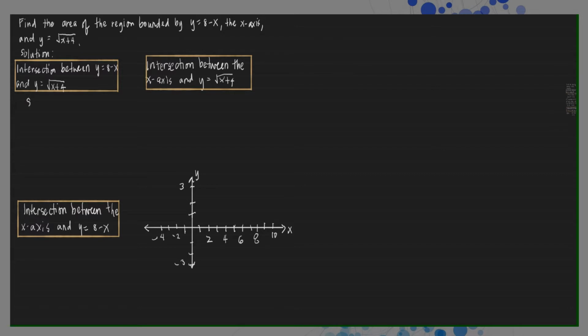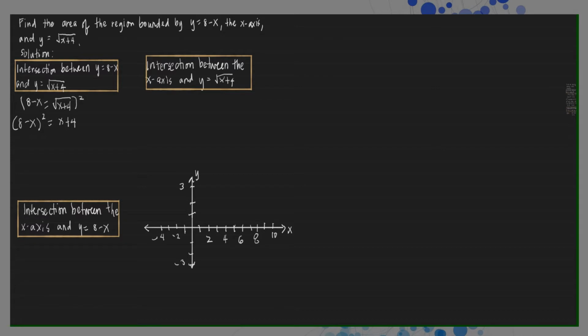So we equate 8 minus x and square root of x plus 4. Then we square both sides of the equation, giving us (8 minus x) squared on the left side and x plus 4 on the right side.